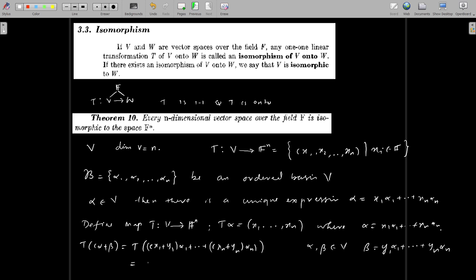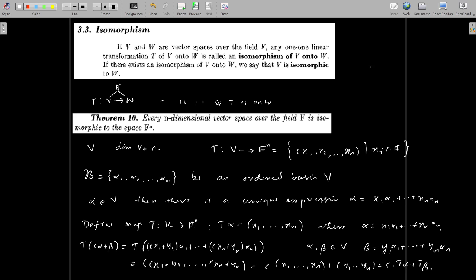Now the image will be (Cx1 plus y1, etc., Cxn plus yn), and this can be written as C times (x1, etc., xn) plus (y1, etc., yn). Okay, so you can say that this is the same as C times T alpha plus T beta. This shows that this T is a linear transformation from V to Fn.